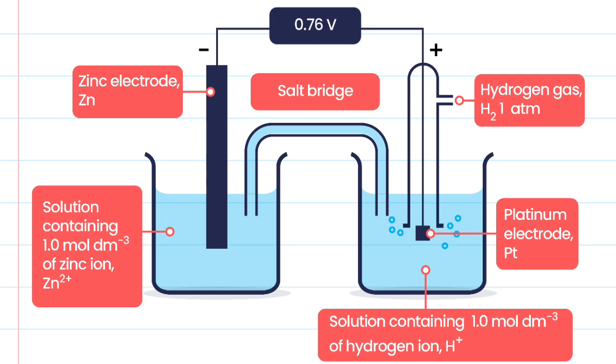And due to these tendencies, there will exist a double layer of positive zinc ions in the electrolyte and the electrons on the rod, that's the electrode. Okay? Because of this, a potential difference will exist across this layer. This is what we call electrode potential. And it depends on the number of electrons on the valence shell. So the tendency of a metal to go into solution as ions depends on the relative ease with which electrons can be removed from it, that's ionization potential, and on the energy released when these ions are hydrated.